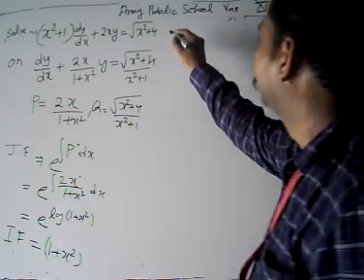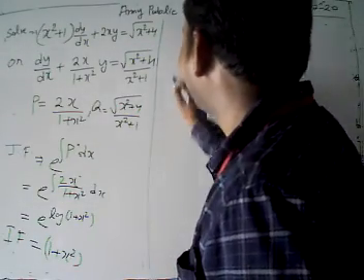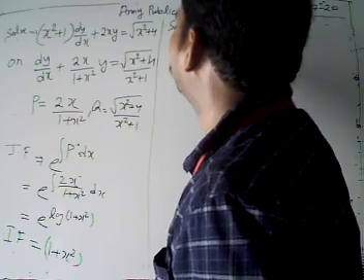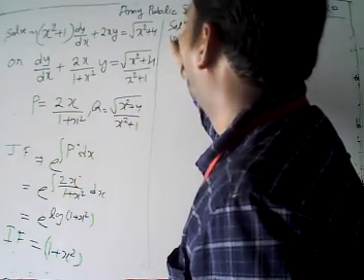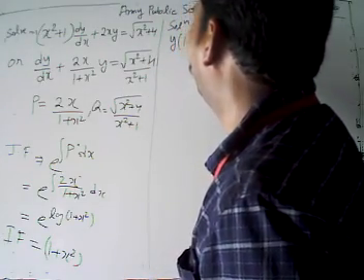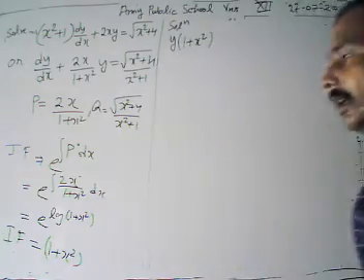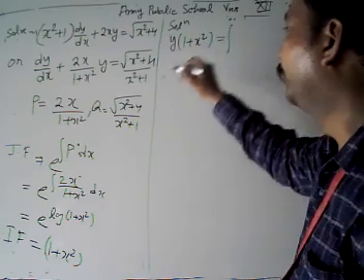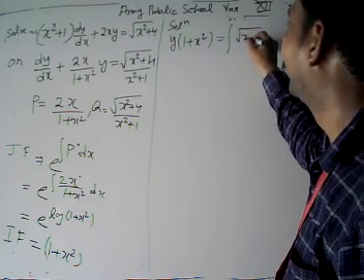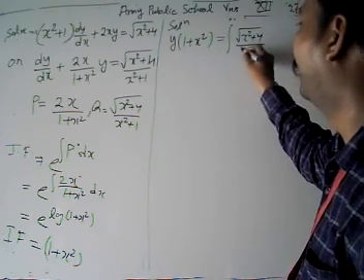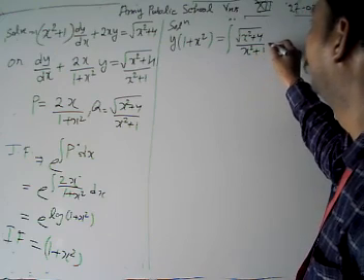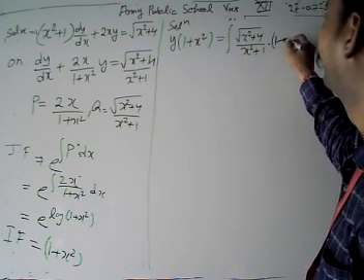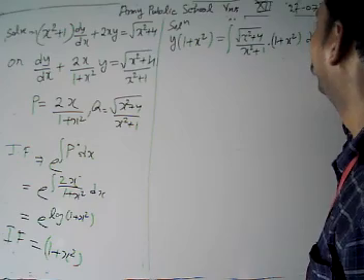Then the third and last step is that our solution is given by y into IF. Our IF is 1 plus x square, equal to integration of q into IF dx plus c. What is our q? Under root x square plus 4 divided by x square plus 1, into IF, 1 plus x square, dx plus c.